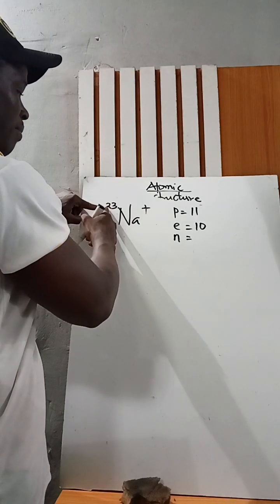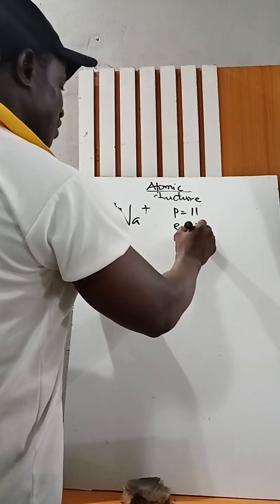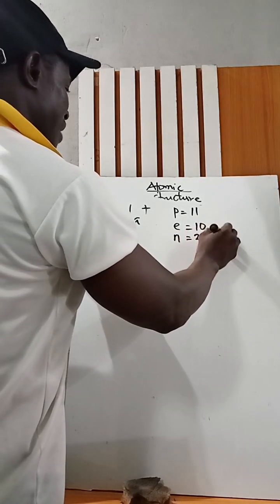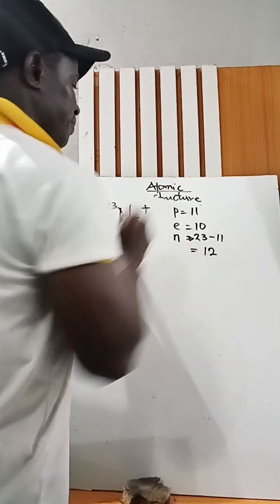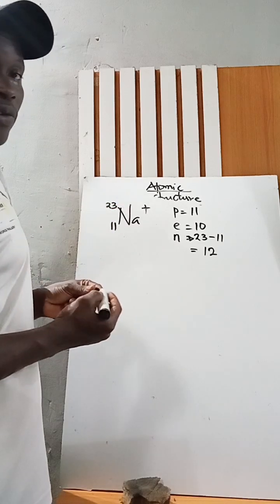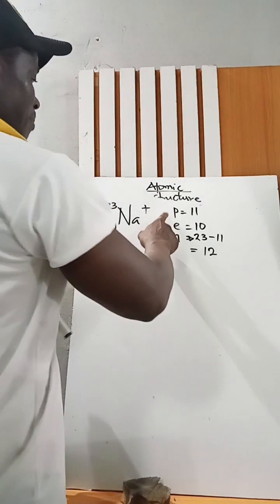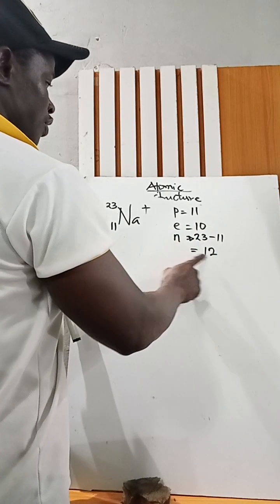That is mass number minus atomic number. 23 minus 11 is going to give you 12. So it means for this ion, which is positively charged ion, proton is 11, electron is 10, neutron is 12.